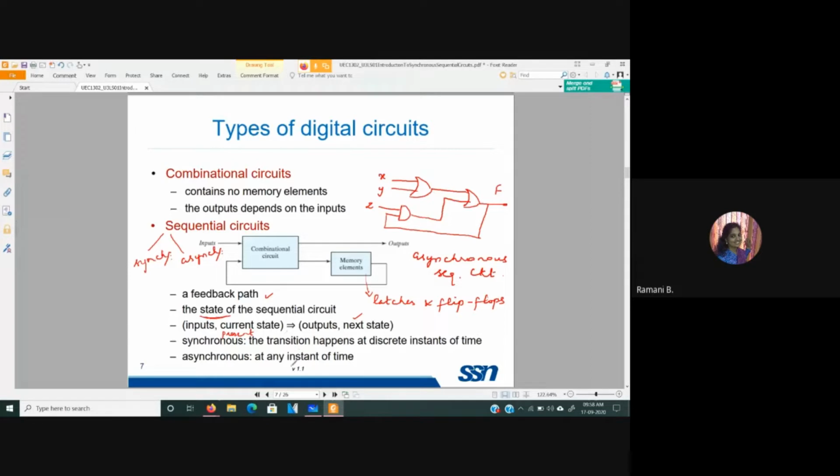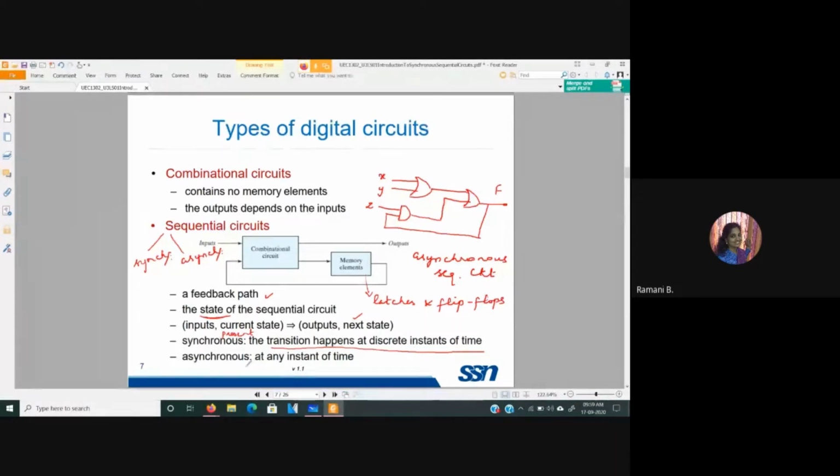So that is actually mentioned here as the transition happens at discrete instances of time. So this is the keyword. Even if your input is going to change value in between, the output will get changed only when the time is being synchronized. Okay. So that is what the synchronous sequential circuit is.